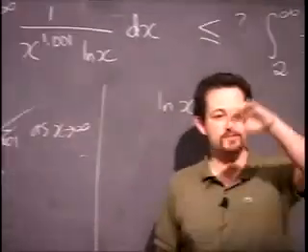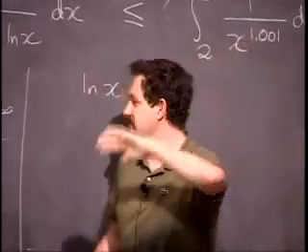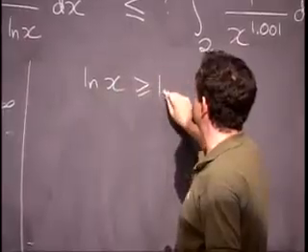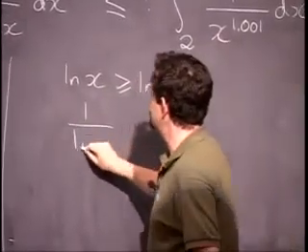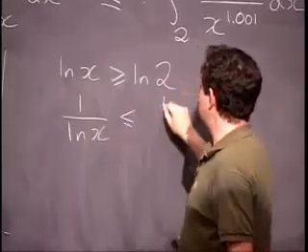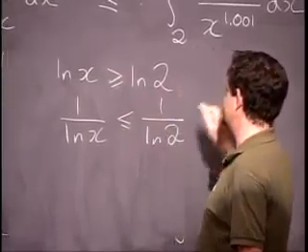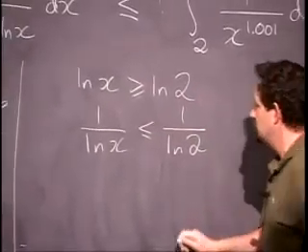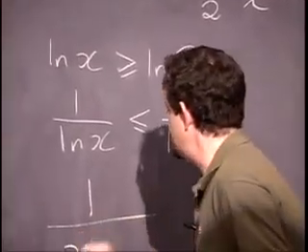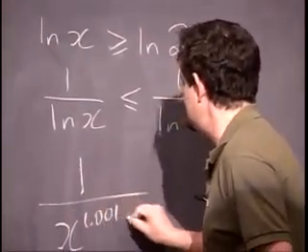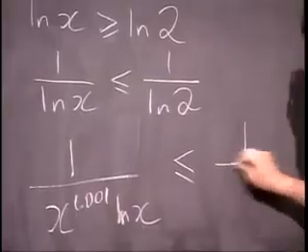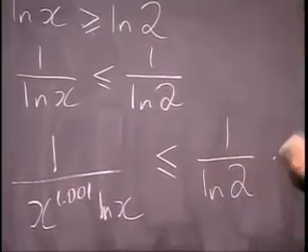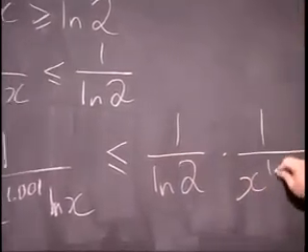Well, log is increasing, so this is at least log of 2. So 1 over log x is less than or equal to 1 over log 2. So 1 over x to the 1.001 log x is less than or equal to 1 over log 2 times 1 over x to the 1.001.